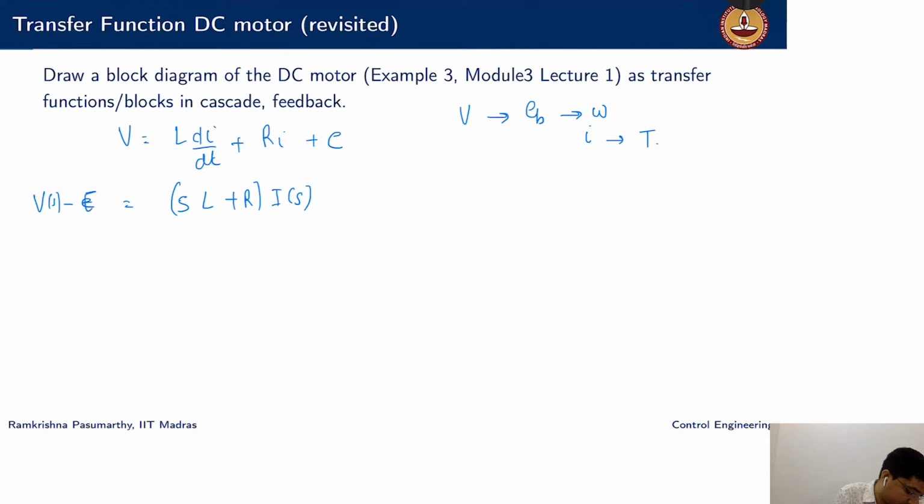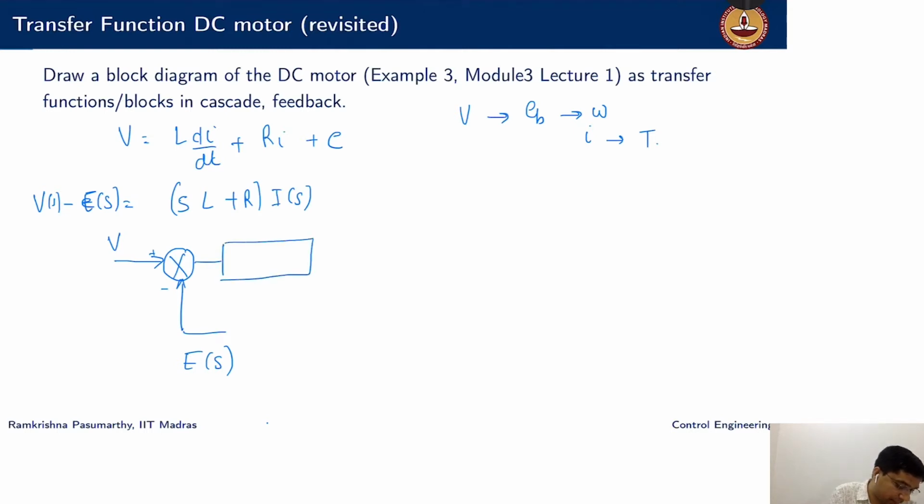Let me also call this E of S. So I have V, which is my input voltage, with a plus sign, and this is a minus sign. Here comes the signal E of S. If I look at the output of this as the current, this goes through 1 over (sL plus R) and gives me I of S at the output.